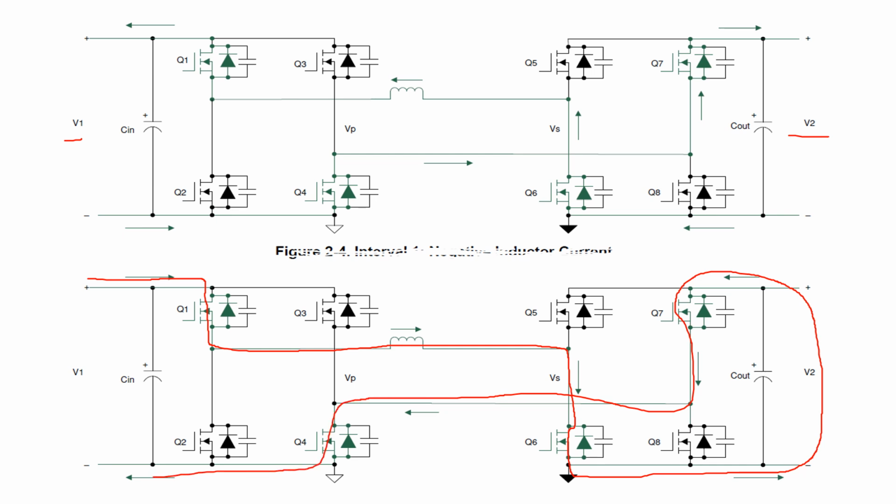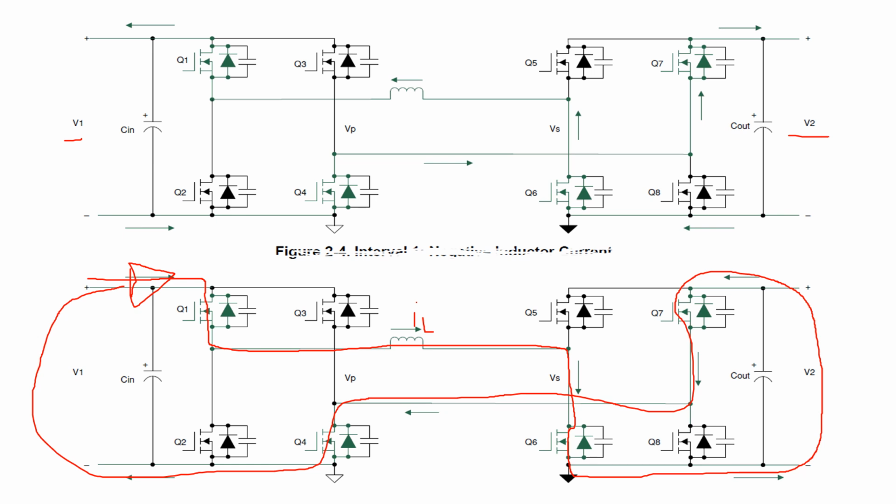This is how the current flows. The direction of the current is determined by the direction of the inductor current. So this is how the current flows in the first interval, and this is the positive current flow.